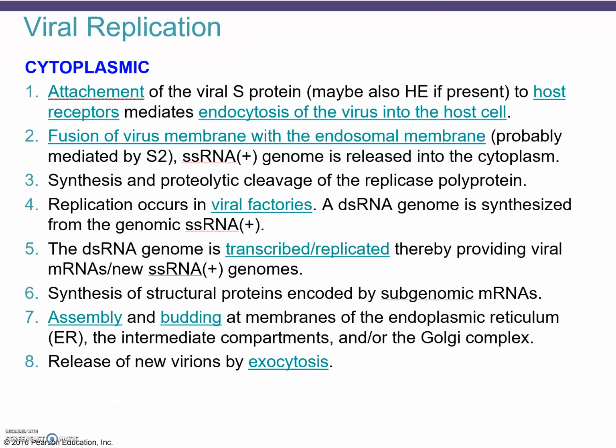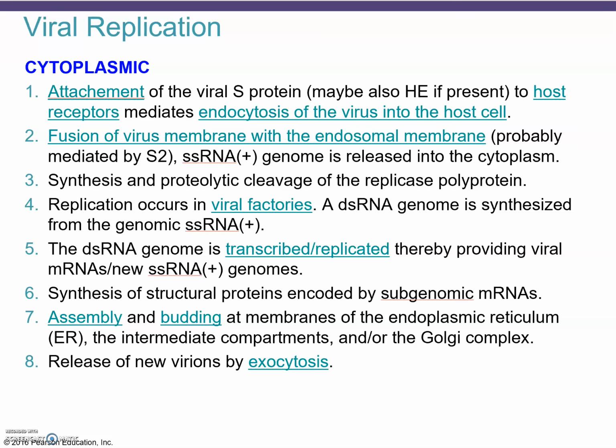So the viral replication cycle of this virus follows the typical pattern of attachment to the host cell, and then endocytosis of the virus into the host cell. We have a fusion of the virus membrane with the endosomal membrane, and then synthesis and proteolytic cleavage of the replicase polyprotein.